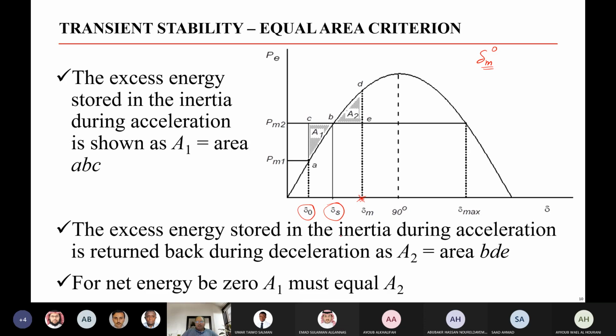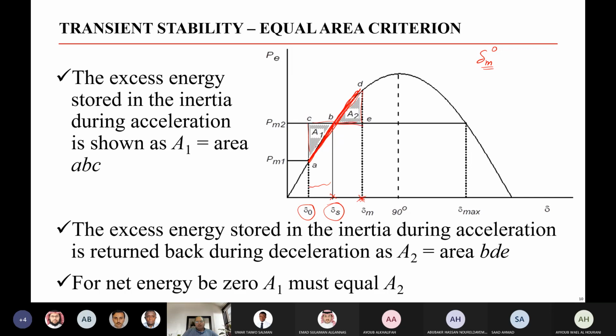You can start wisely. You can say usually the system is operating in the linear part of the sinusoidal waveform, and assume that we can approximate this as linear. So in this case, we expect delta M will be equal to delta S plus this. And then, of course, you have two triangles here.